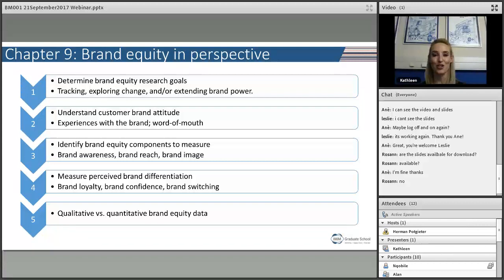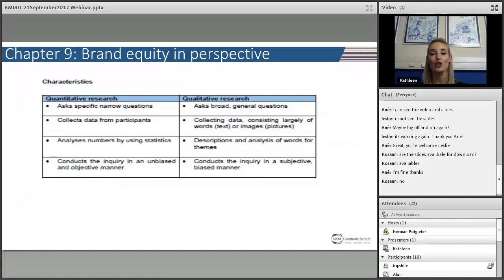Have I managed to develop a unique image in the market? Do I have brand loyalty? Do I have brand confidence? And what is the likelihood of customers switching between my brand and competitors' brands? And finally, I will look at my qualitative versus my quantitative brand equity data. And that is the main focus of this chapter, looking at the qualitative and the quantitative brand equity.